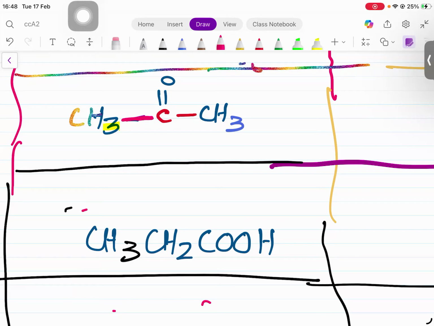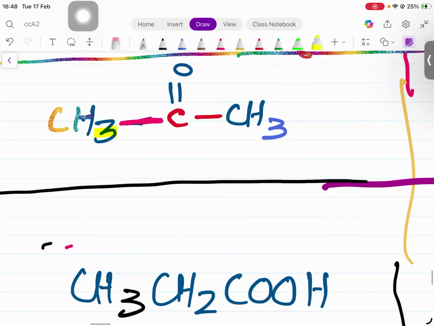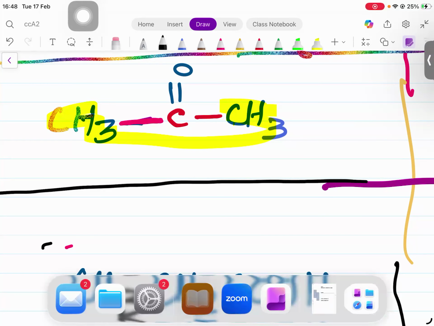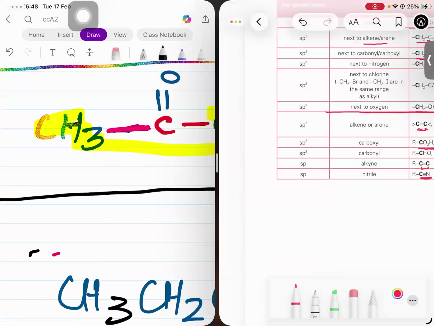Can you hear me? 2 peaks. Those CH3s will give one peak. These two carbons containing 3 hydrogens contribute to one peak. And what will be the chemical shift value range? It is next to C double bond O. I can see in the data booklet here.